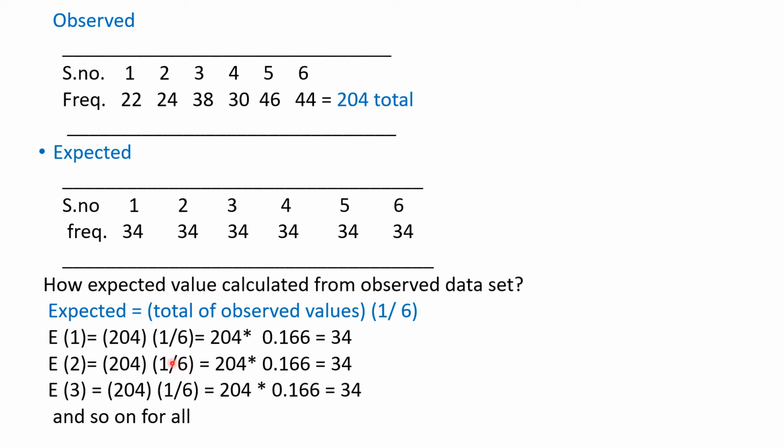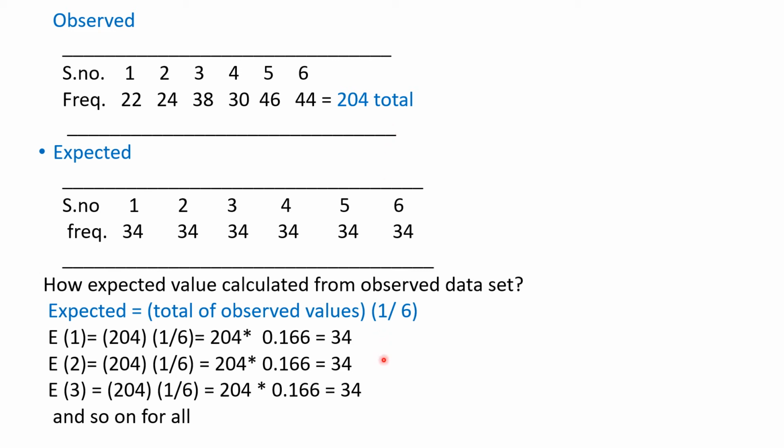So it remains constant here, and it also remains the same here. So we always get the same answer. That's why we make this table with the help of observed data. So it is the expected data set and it is the observed data set.